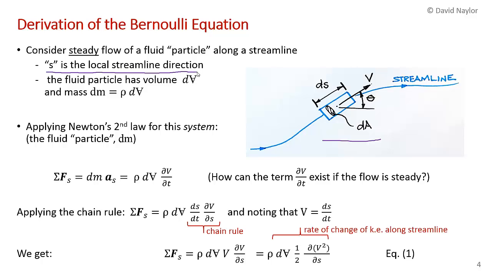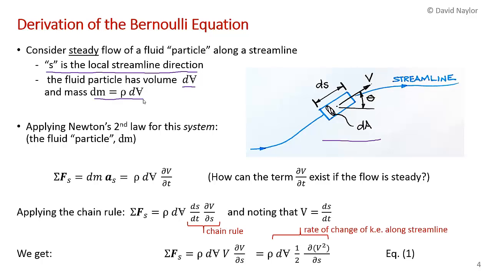And remember, we're considering a steady flow, and the fluid particle has volume V. In fact, it has length ds, cross-sectional area dA, so the volume would just be dA ds. But I'm just going to use the symbol here, V with a line through it, to distinguish that from velocity. So that's our incremental volume, and so our incremental mass of our little particle that we're tracking is rho dV.